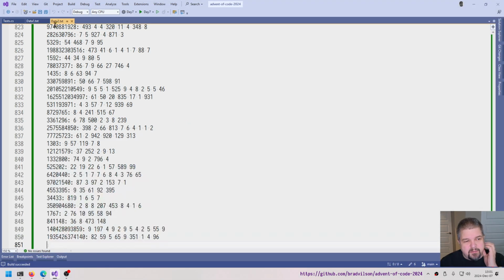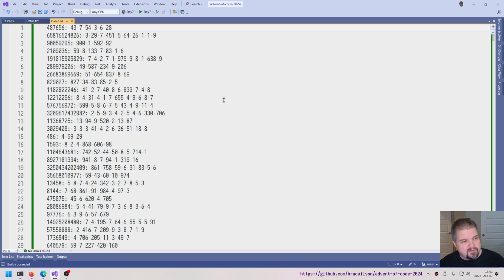Now, if we go look at day 2 data, as you'd expect in this kind of scenario, it's reasonably long calculations, right? And not too many numbers, but enough numbers that the exponential problem could be big. So if we look at this, like 1, 2, 3, 4, 5, 6, 7, 8, 9, 10, 11, right? That's going to be 2 to the 11th iterations.